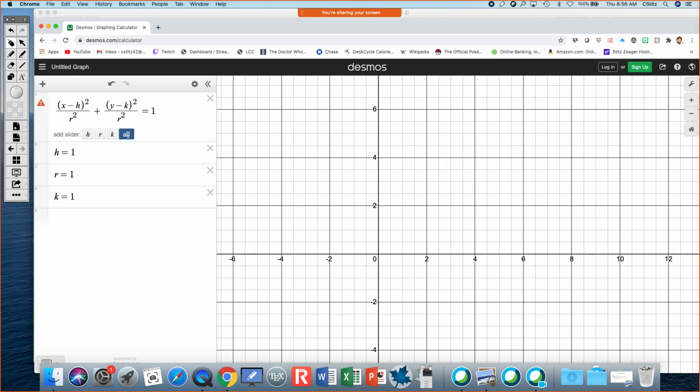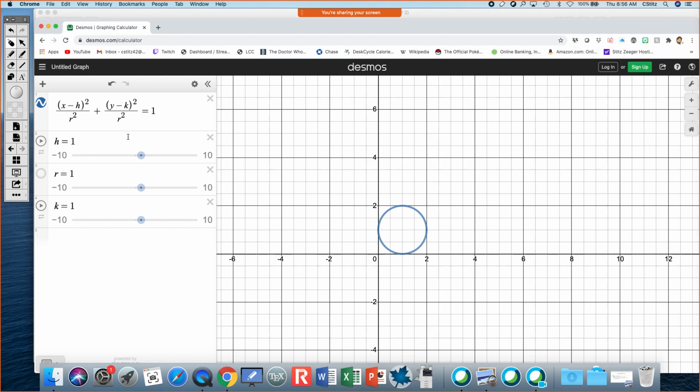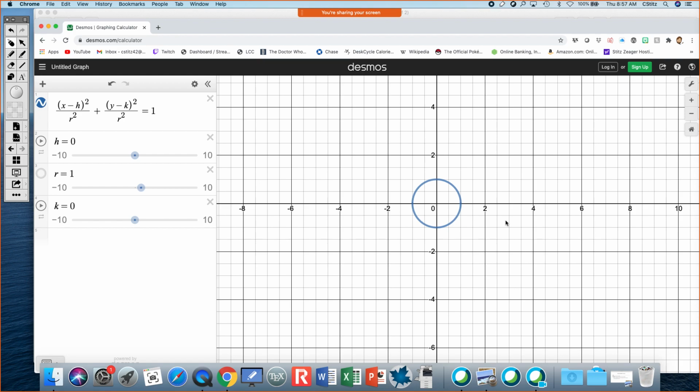And we're going to add sliders for all of these things. We're going to start with h and k at 0, and r is 1. So here's our unit circle. Okay? Now by adjusting the r, we can scale it.